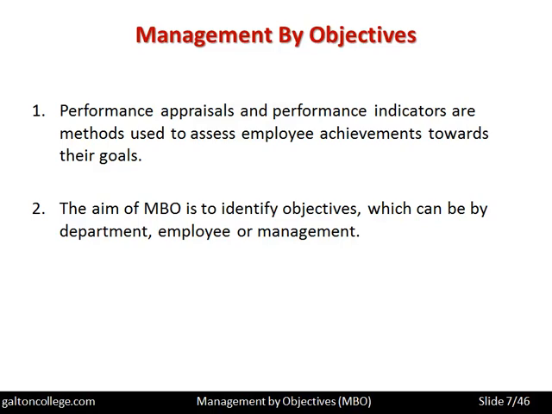So as we'll see later, it's a cascading system. It moves throughout the organization. The organization sets what it wants to achieve, and then it works its way through the various departments all the way to the employee level, setting objectives all the way. And if every component achieves its objectives, then of course the organization should achieve its objectives.